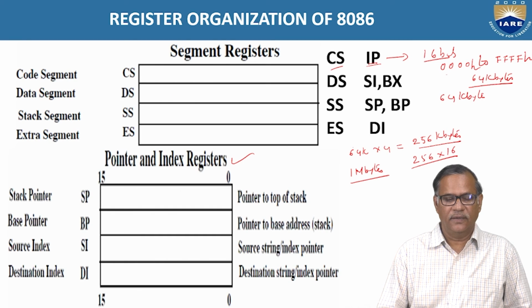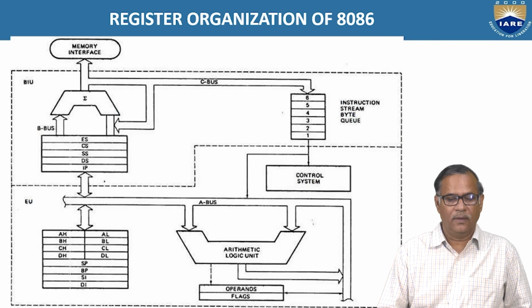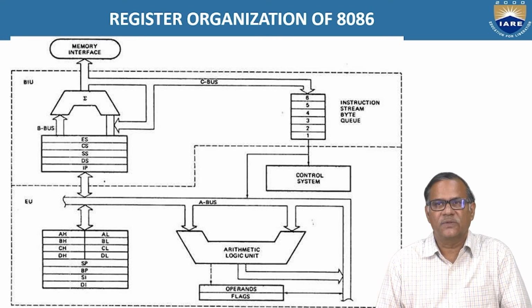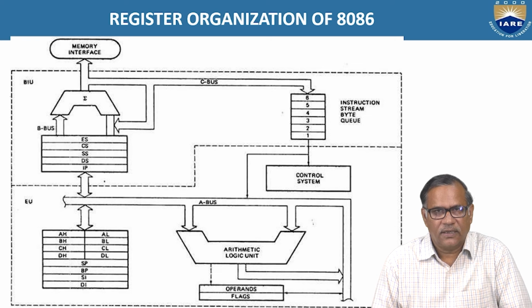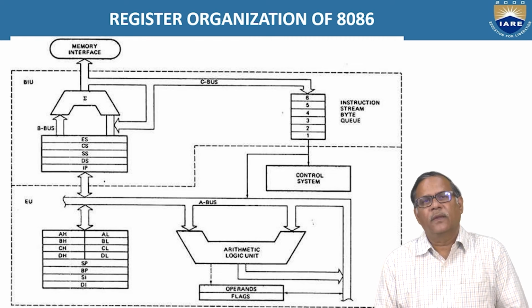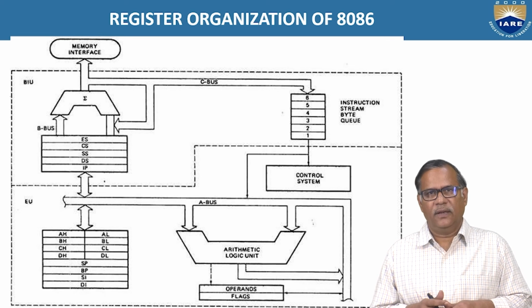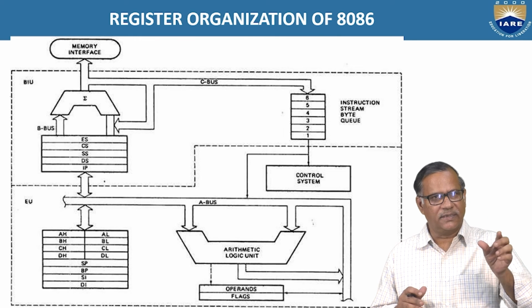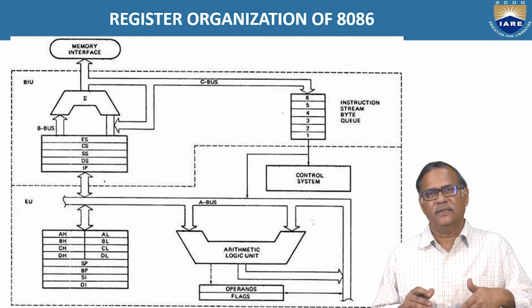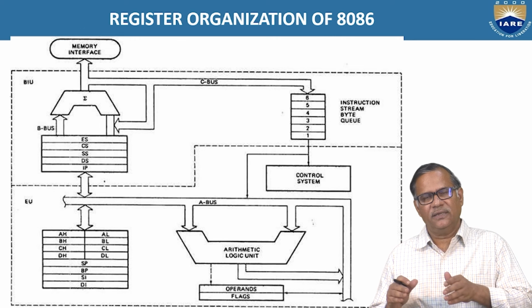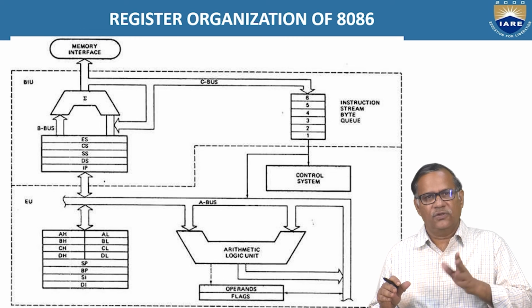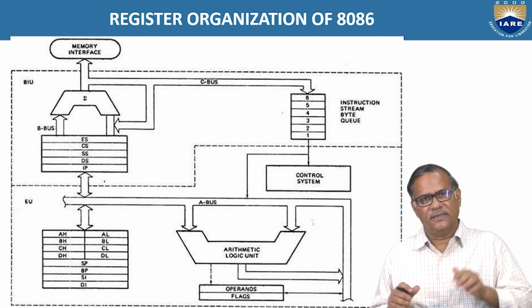The bus interface unit also has an instruction stream byte queue, which is 6 bytes. So here the instructions are prefetched well in advance. See, in a normal processor like 8085, the sequence of operation is like this. First the instruction is fetched, then it is decoded, then it is executed. Unless the first instruction is executed, there is no operation on the second instruction.